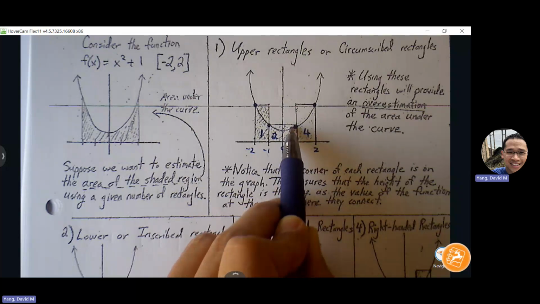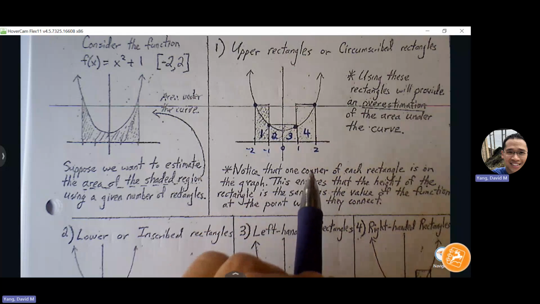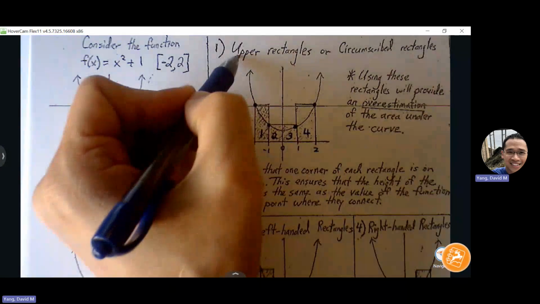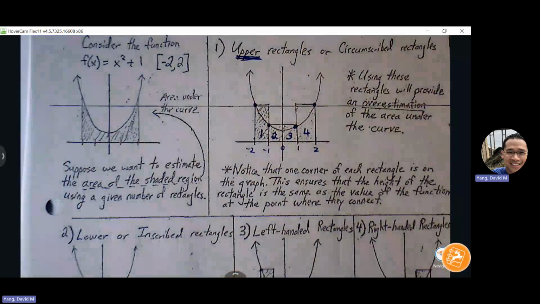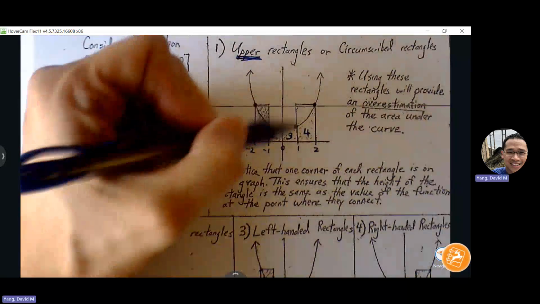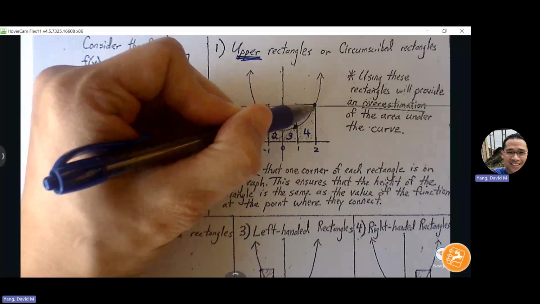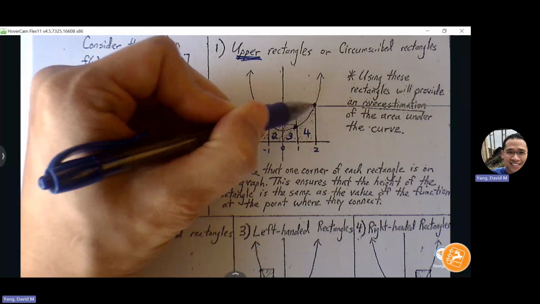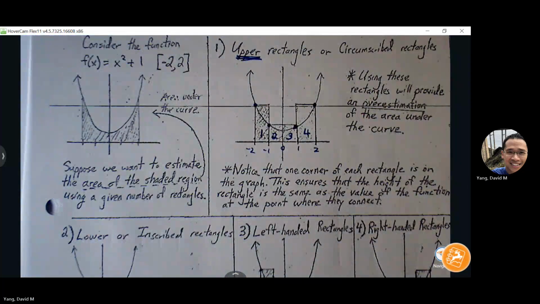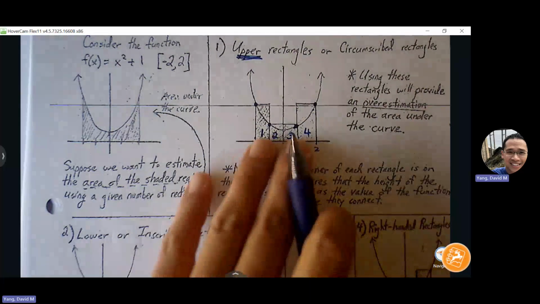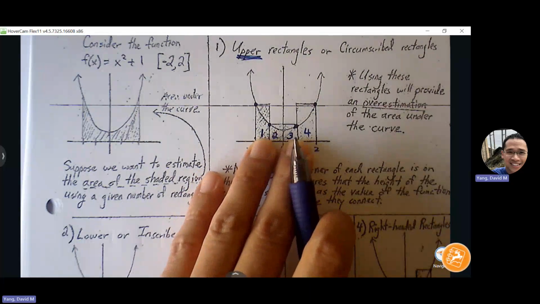So we're creating a rectangle with the height at 1 because we purposely want to choose the higher one, because we want to do an upper rectangle. And then the fourth region, between 1 and 2, 2 has a higher y value. So we want to use 2 as the height of the fourth rectangle. This will ensure an over approximation of the actual area.